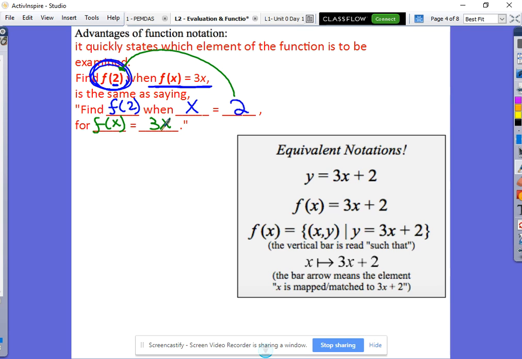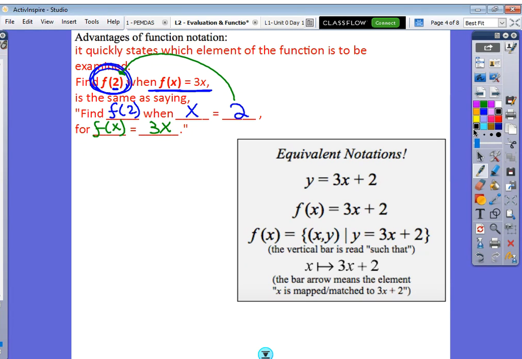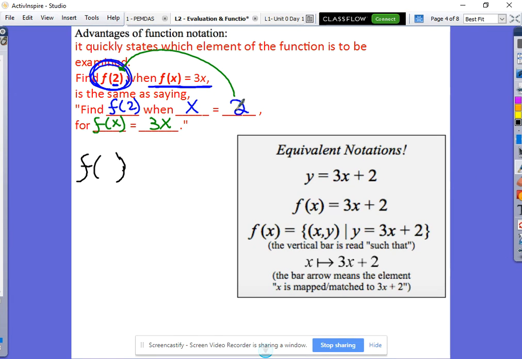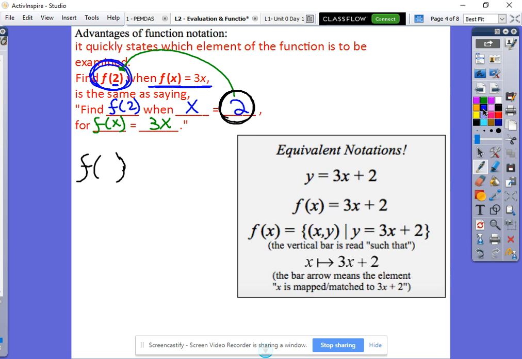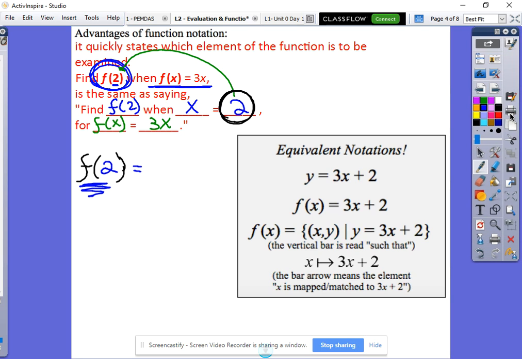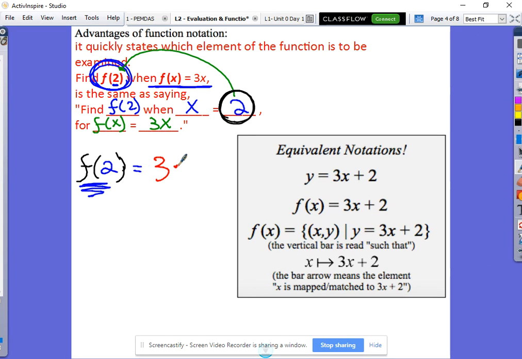So essentially what we need to do here to evaluate that is we have f of a number, and that number was this guy right here. So we plug that in. So f of 2, remember there's no math here. This is not math. What we're doing now is we're simply plugging into our equation. So our equation was 3 times something.